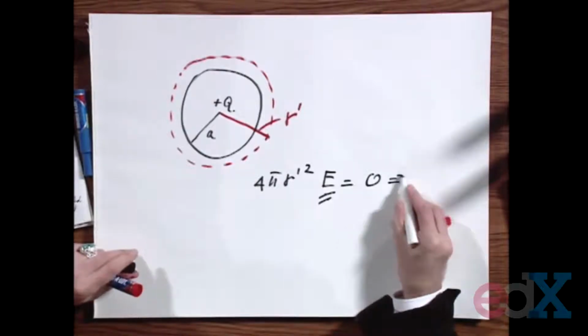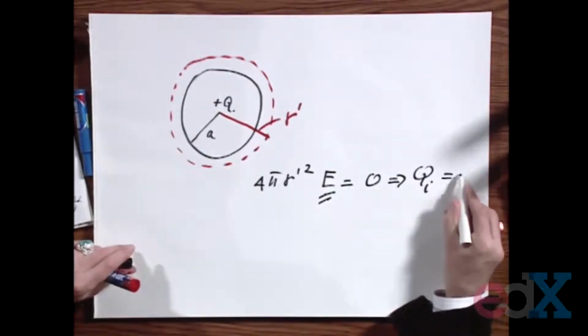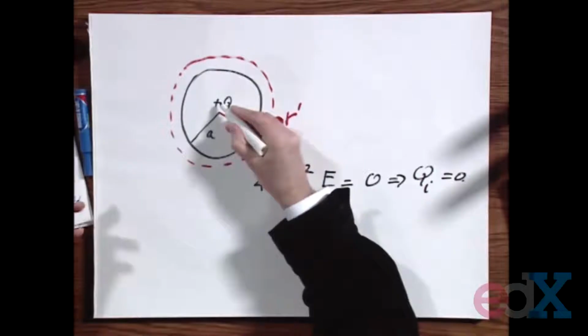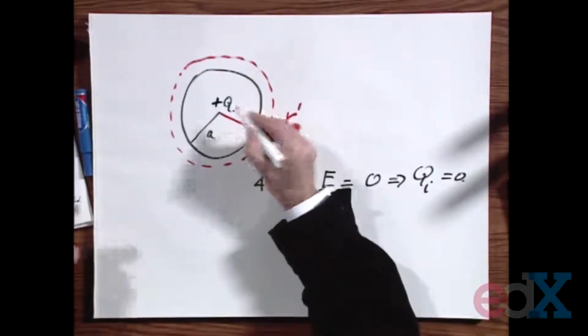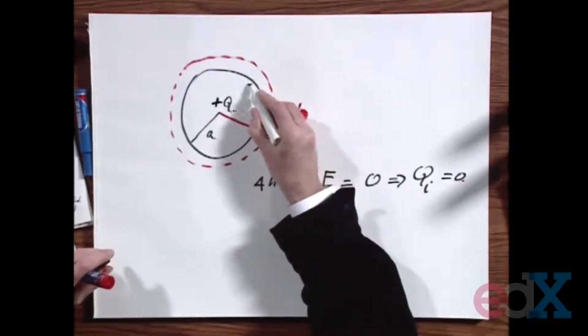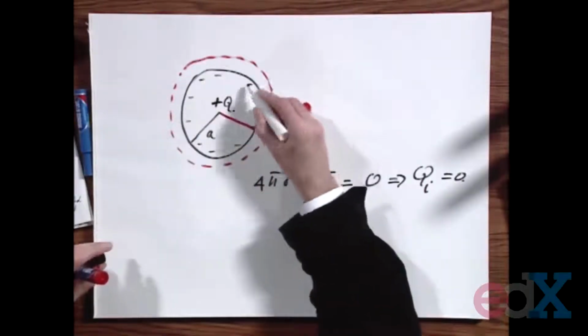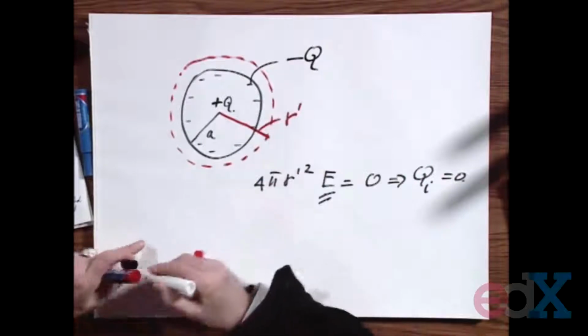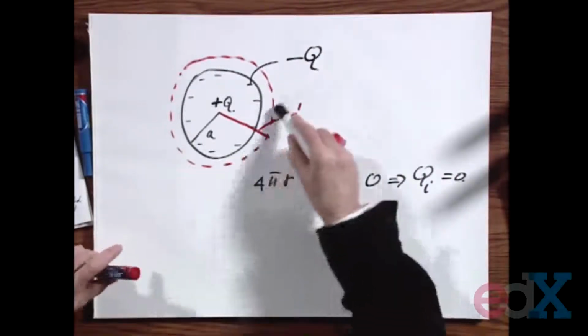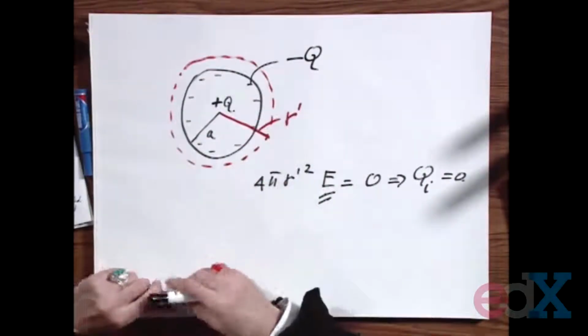And therefore, it follows that Q inside must be 0. But how can Q inside be 0? Because there is a plus Q here. Well, the only way that nature can do it is that nature induces on the inside of the inner sphere a total charge of minus Q, so that the net charge inside this sphere is 0.